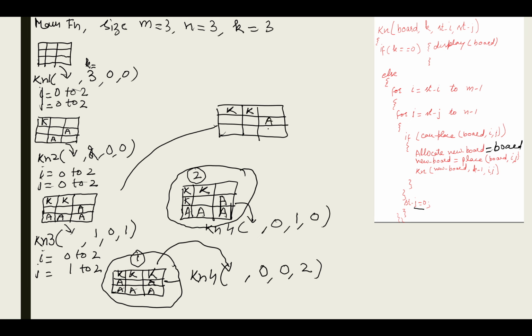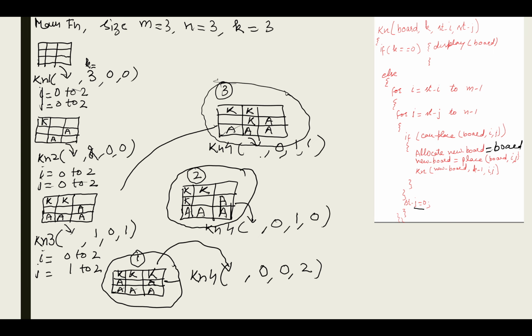Now in this case the knight will be placed at this position, and Kn4 is again called with this board. Now K minus 1 is 0. We have I and J values 1, 1, and again this board will be displayed. So this is the third configuration, the third way to place 3 knights on the 3x3 chessboard.